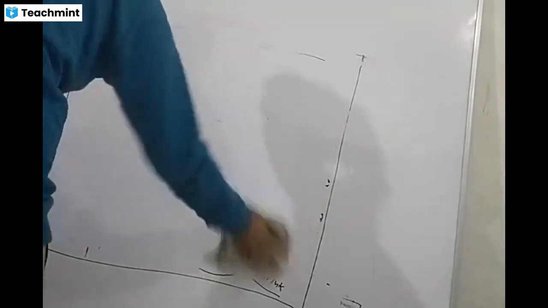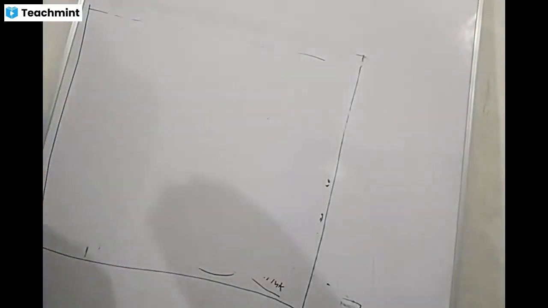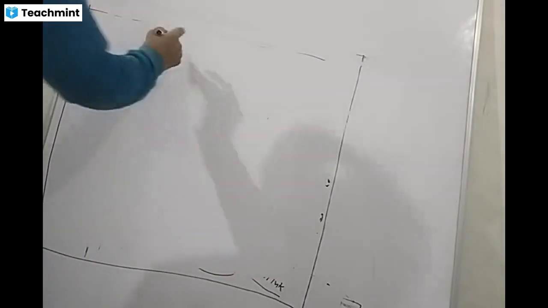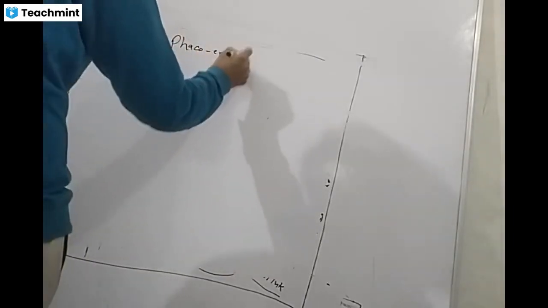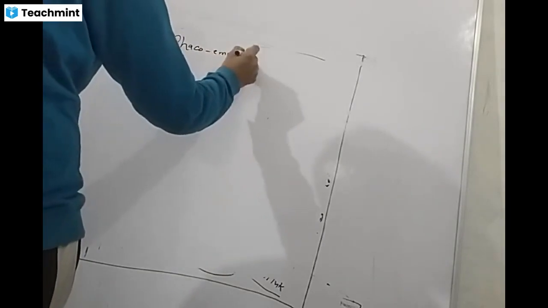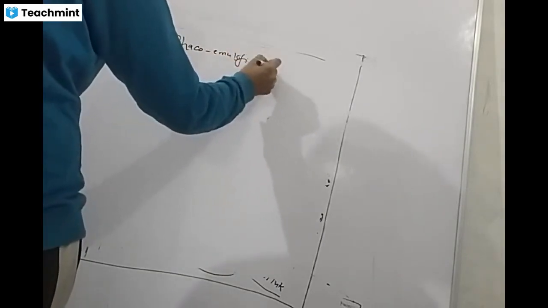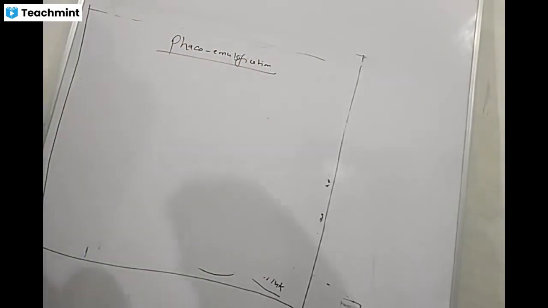The most commonly used technique in this category is phacoemulsification. First, I'll tell you the principles, what we are doing in this technique, and the steps of the technique. This is most common.